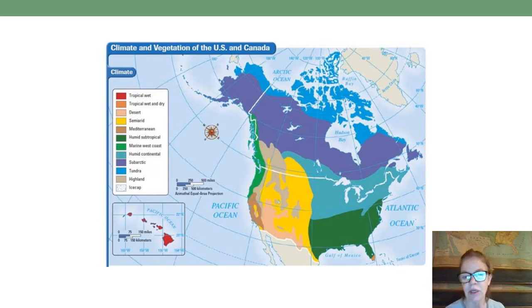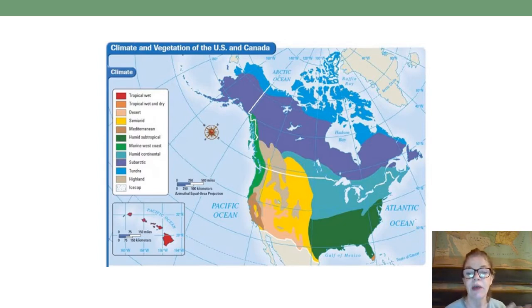Now, along the Pacific Northwest, some people look at the Pacific Northwest as starting in Northern California and moving all the way up to the border of Alaska and maybe even a little bit into Alaska. But this climate, as you see, is going to be influenced by the air coming off of the waters of the Pacific Ocean and the westerlies that move in there. In California, this is a different type of climate.